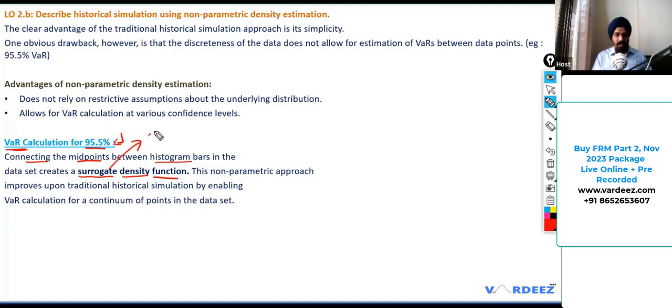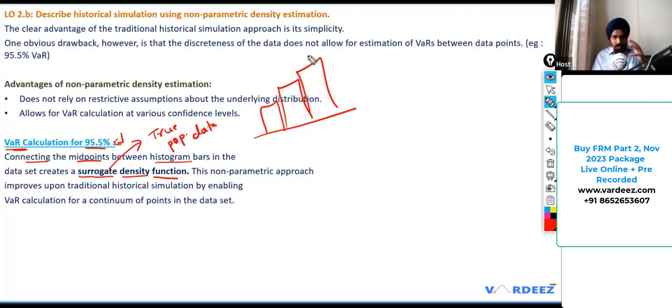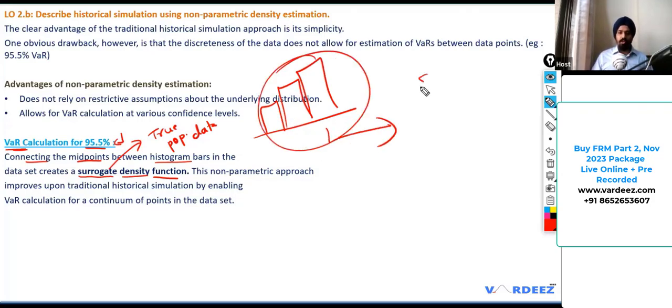Okay, we have true population data, which is in the format of a histogram, right? But we can convert this true data into a surrogate, which kind of came from this, but not exactly this. It's not true data.